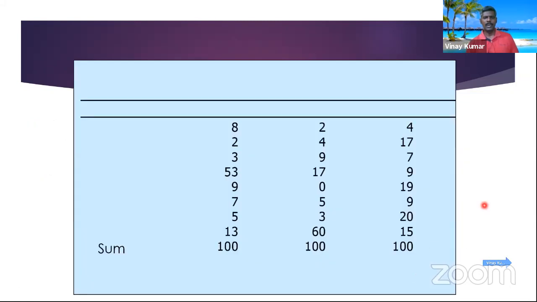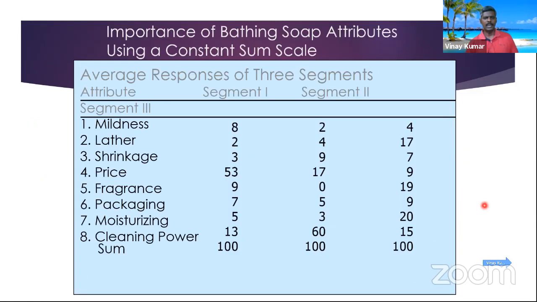Now, this is one example, a classic example where we can understand the constant sum method. So here we can see different aspects of a detergent, for example, mildness, lather, shrinkage, price, fragrance, packaging, moisturizing, cleaning power. So these are the different attributes that are being measured of a product.